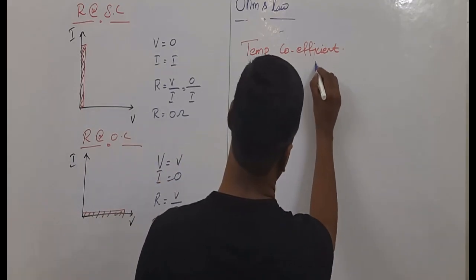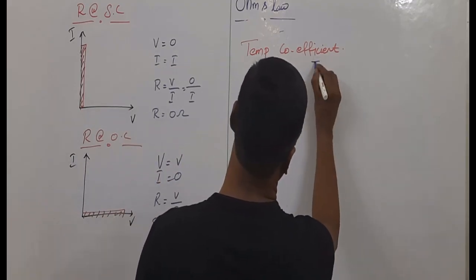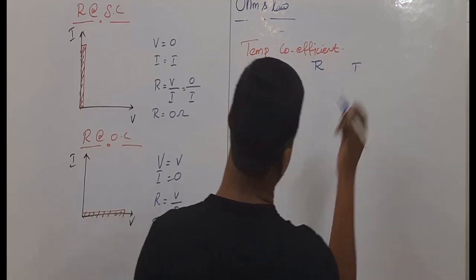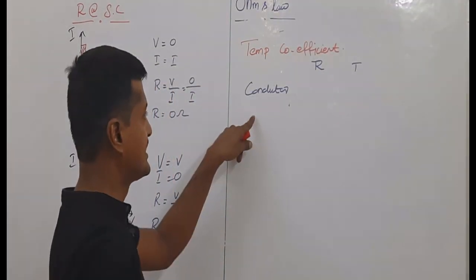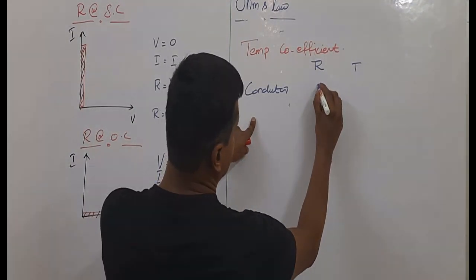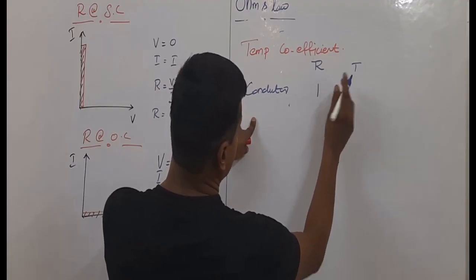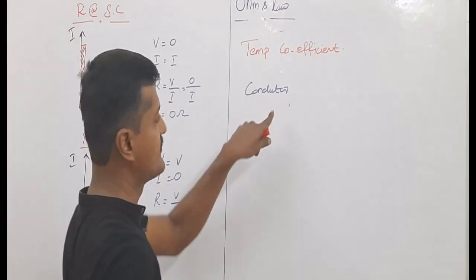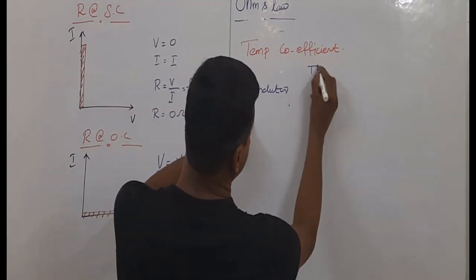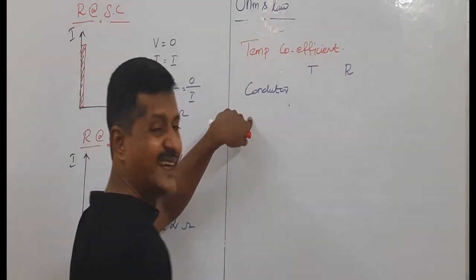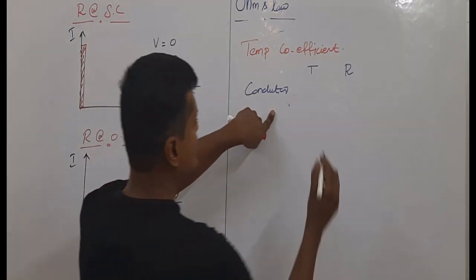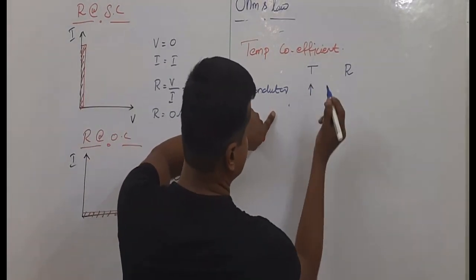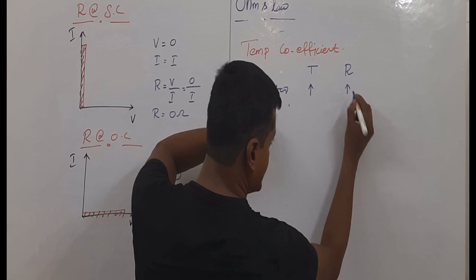In a conductor, we are taking the temperature on one side and the resistivity on the other. In a conductor, when the temperature increases, the resistivity will also increase.